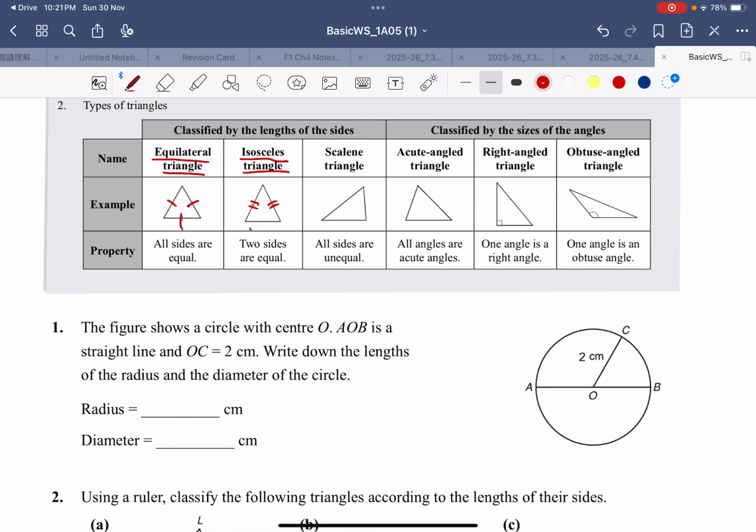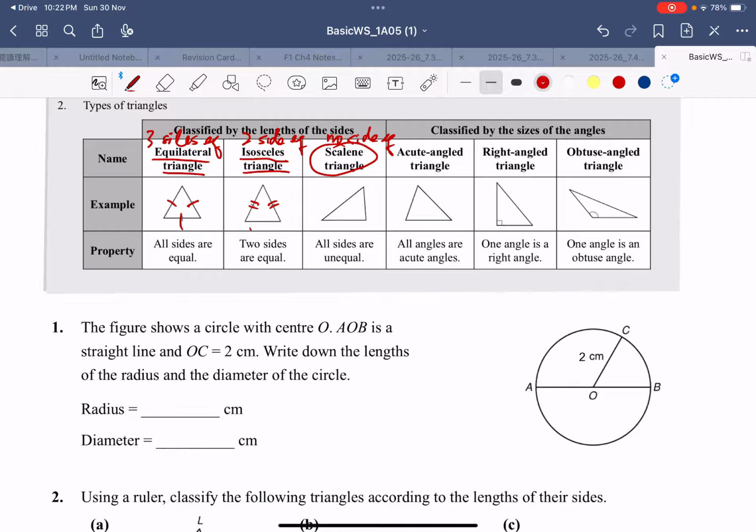And the third type is the scalene triangle, with all three sides unequal. So the first has three sides equal, then two sides equal, and no sides equal.